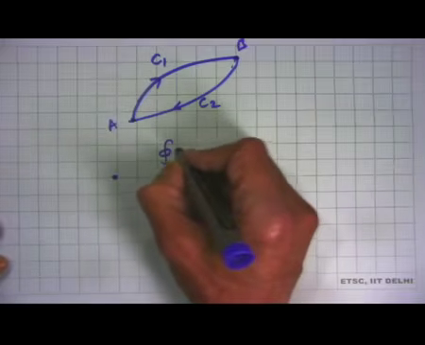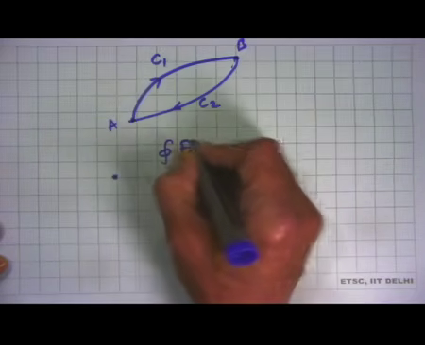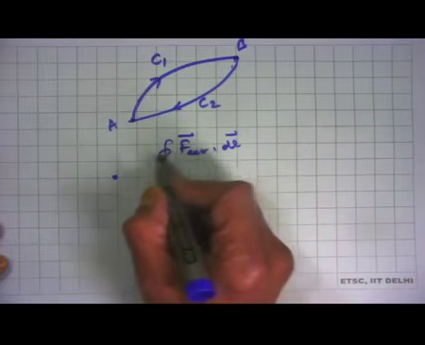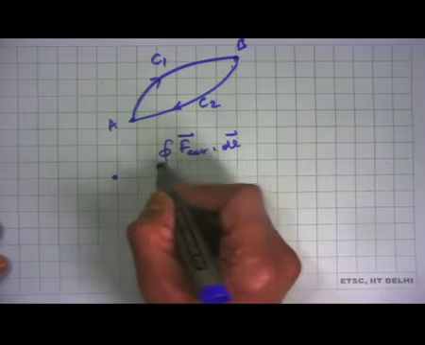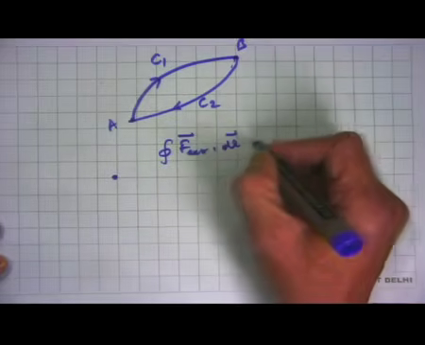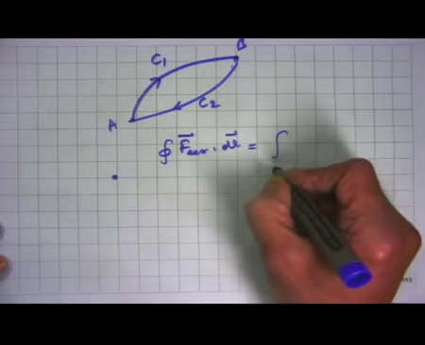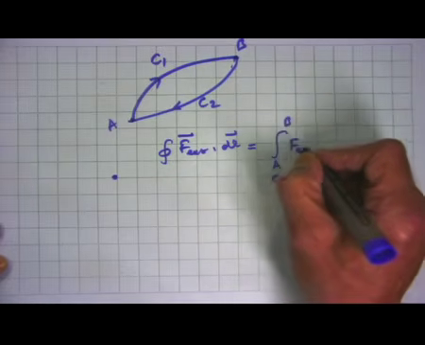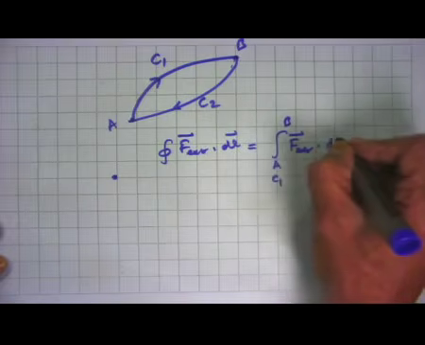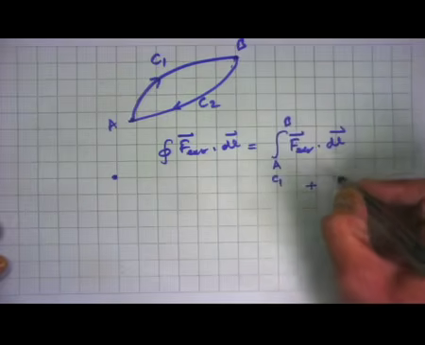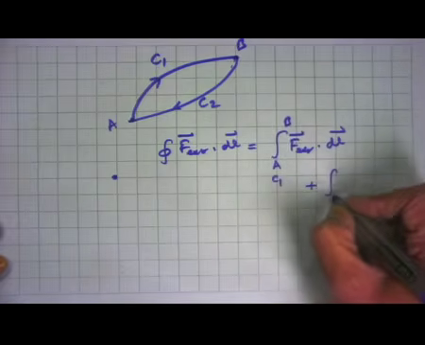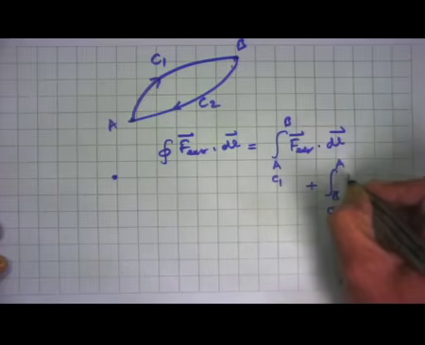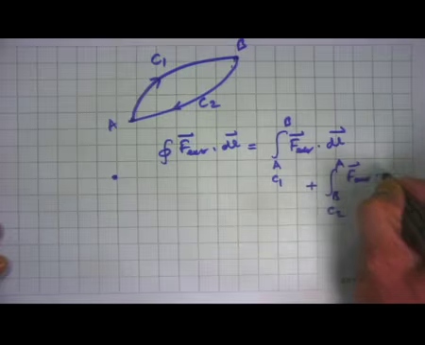So, the total work done is the integral of F external dot dl, and as I mentioned before, the circle on the integral sign means it is a closed path. This is equal to the integral from A to B along C1 of F external dot dl, plus the integral from B to A along C2 of F external dot dl.